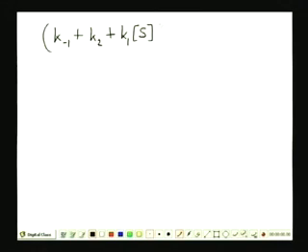I will have on the left hand side (K minus 1 plus K2 plus K1 S) all multiplied by ES, and what is this going to be equal to? K1 ET S.